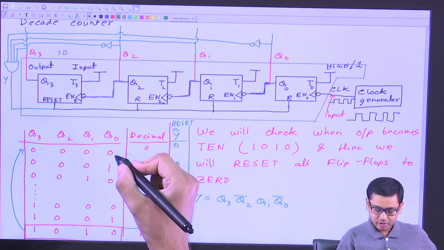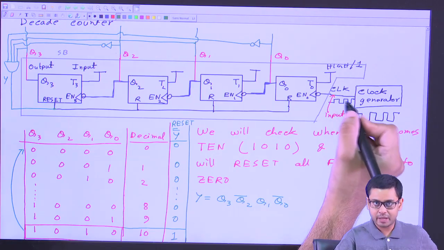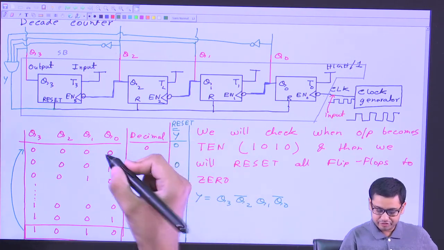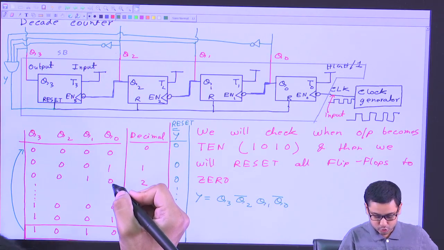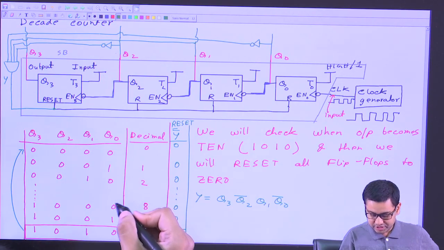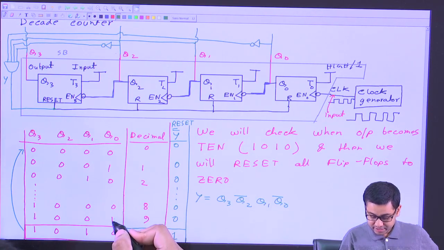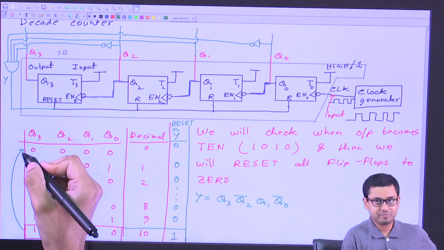As these clocks are coming here one by one, after the first clock, the number goes from 0 to 1, then 1 to 2, 2 to 3, and so on, then 7 to 8, 8 to 9, 9 to 10, and immediately to 0.